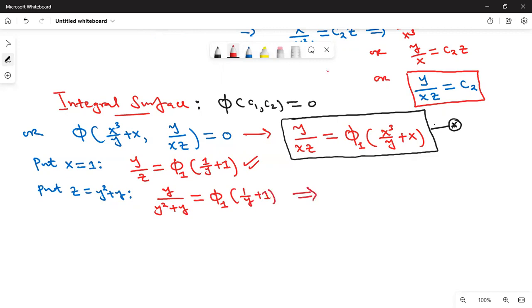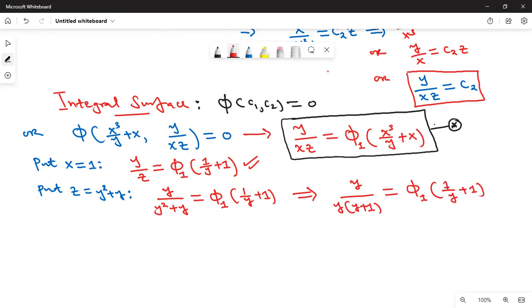which you could also write, when you simplify the left-hand side, as 1 over, look at the denominator, Y is common, you could factor that out, so that we have Y over Y into Y plus 1. This is the same as Y in the numerator, and in the denominator we have Y into Y plus 1, is equal to phi1 of 1 over Y plus 1.